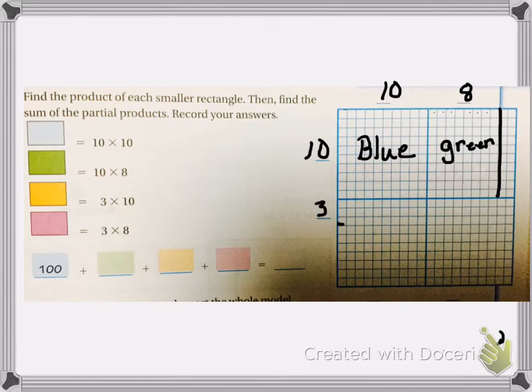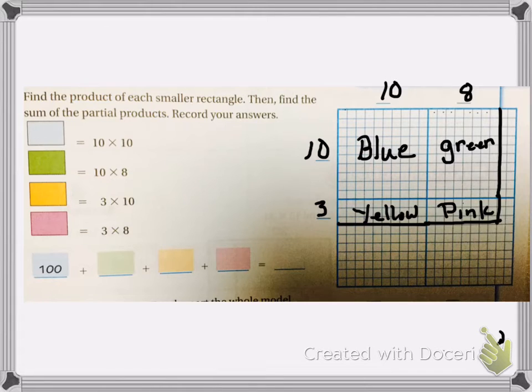One, two, three, and I'm going to draw a line across here. And this will be my yellow area. And I will do 3 times 8, which is exactly what I've done here, which is kind of that pink color.